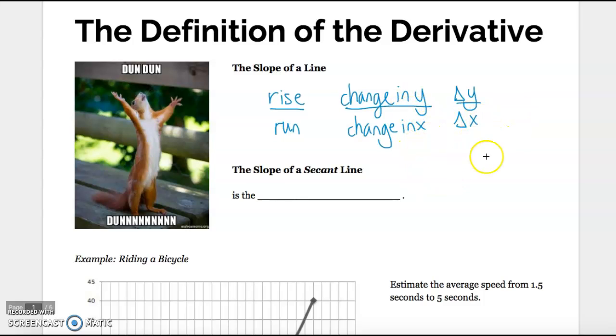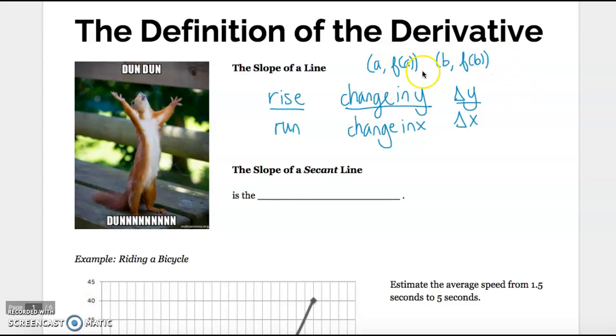And more specifically, we want to get really good at identifying, instead of using y's, in higher level math, we use f of x, right? So it'd be like if you had the point a comma f of a, right? That'd be some value and then the function of that value, and then b comma f of b, right?